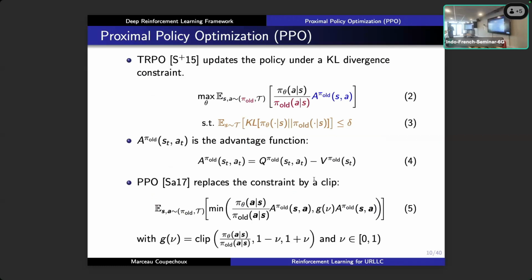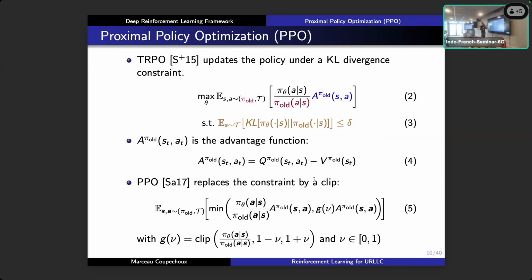This is trust region policy optimization. They derived from the policy gradient theorem this maximization problem, where we see that they try to optimize a certain surrogate objective function.